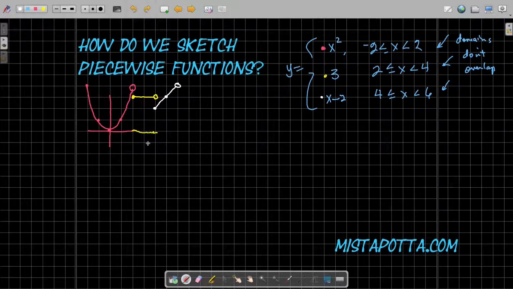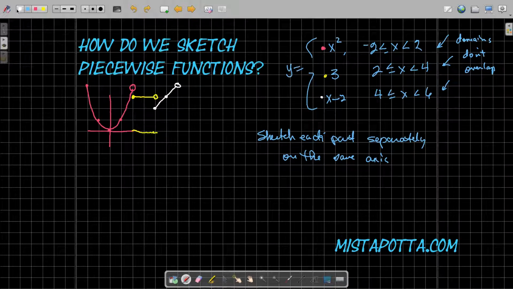And so I'm going to have a graph that looks like this. So when graphing or sketching a piecewise function, you probably want to sketch each part separately on the same axis.